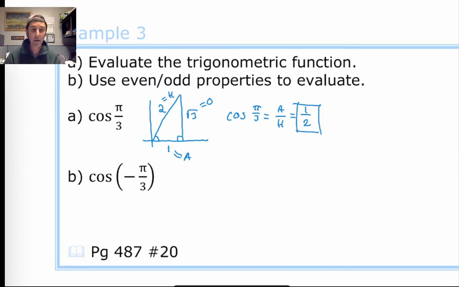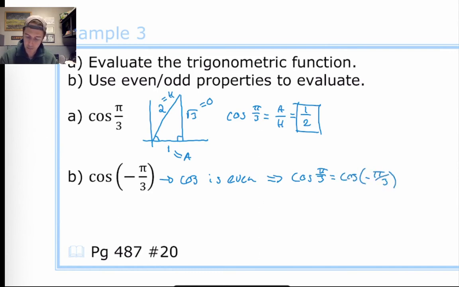What's the cosine of negative pi over 3? Well, cosine is even, therefore the cosine of pi over 3 is equal to the cosine of negative pi over 3.